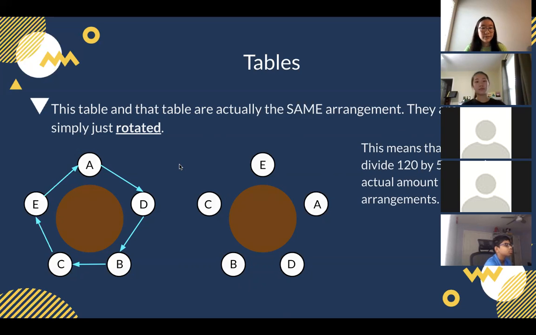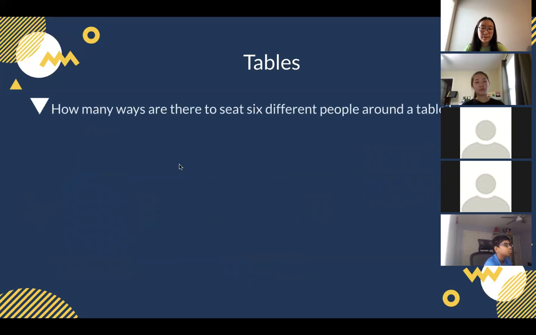Okay, so let's do some practice with this. How many ways are there to sit 6 different people around a table?